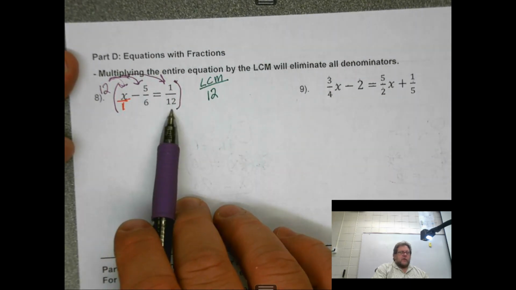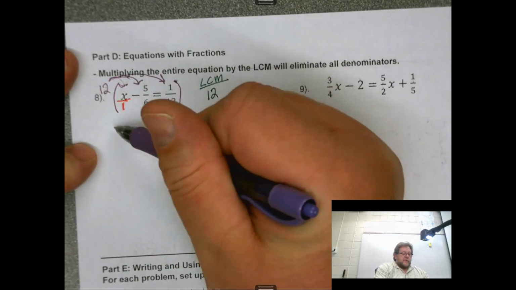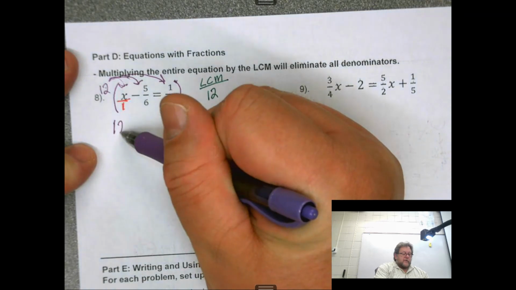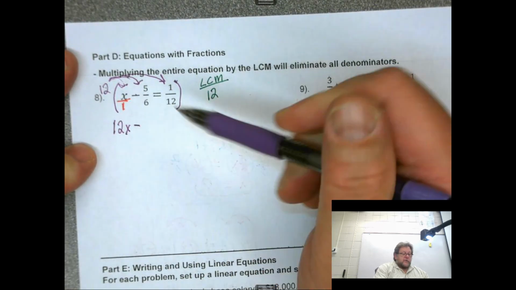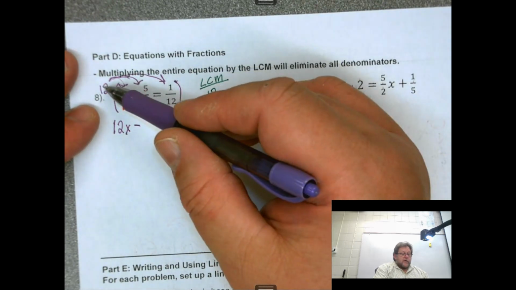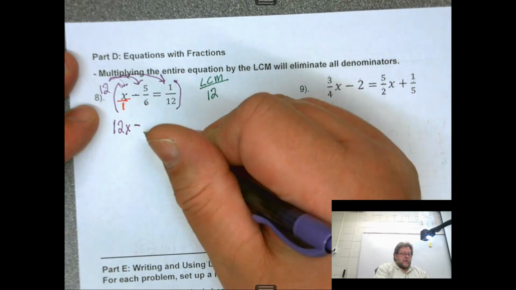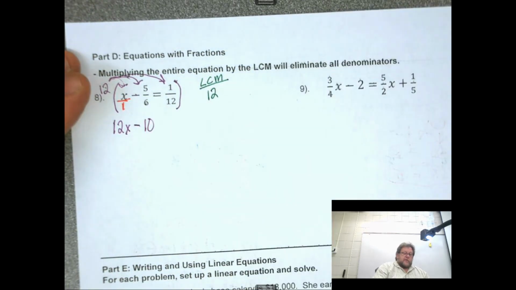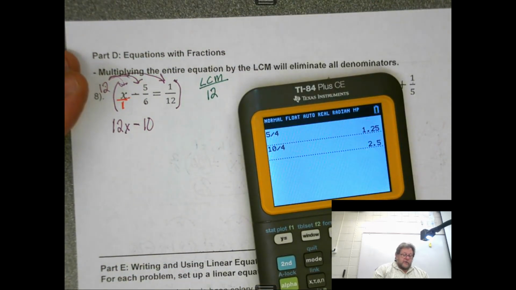And if you don't like it, do it in your head, by all means, or you can do this part in the calculator: 12 times 5 divided by 6 equals 10. Equals, now here, 12 over 1 times 1 over 12, they're going to cancel, and I get the number 1. Again, you can do it in your calculator.